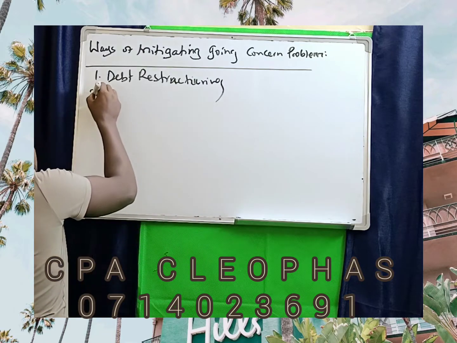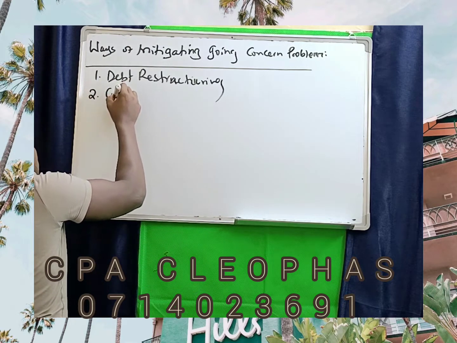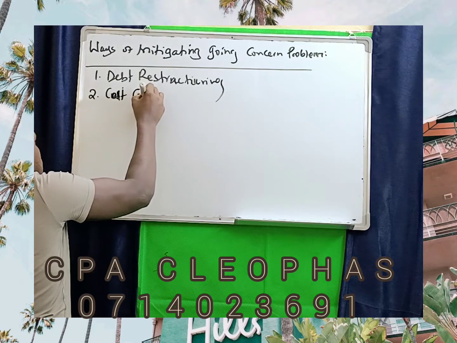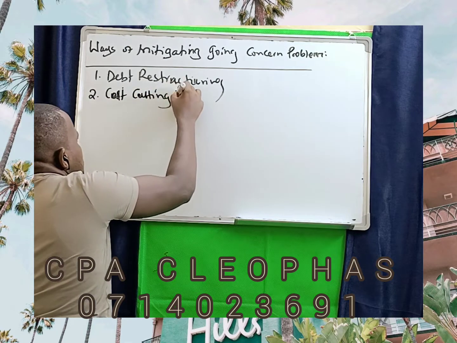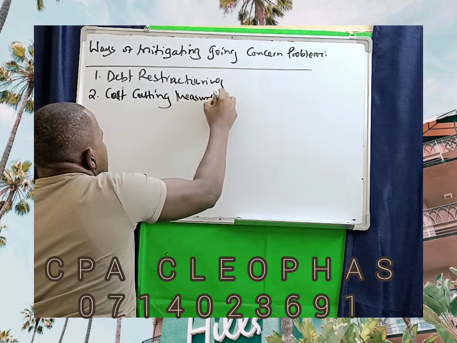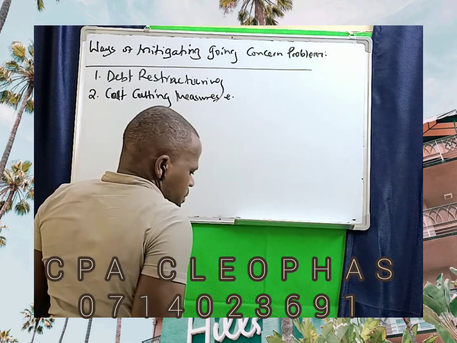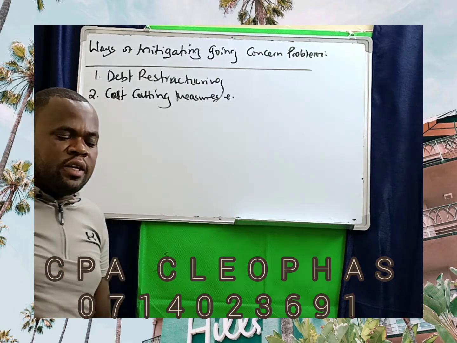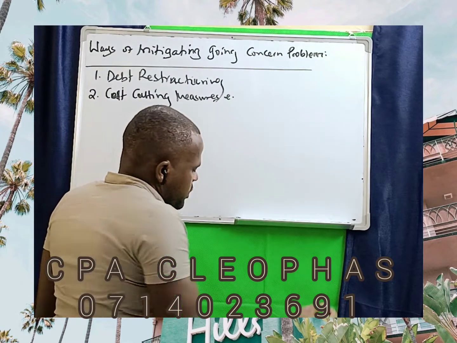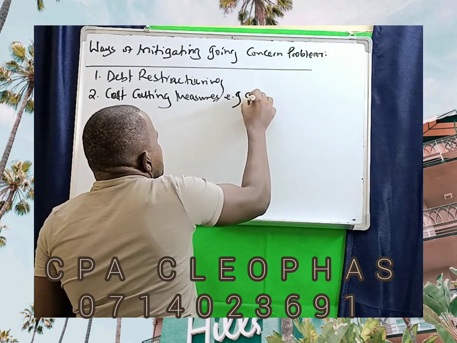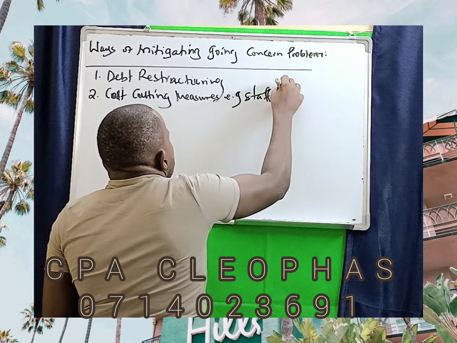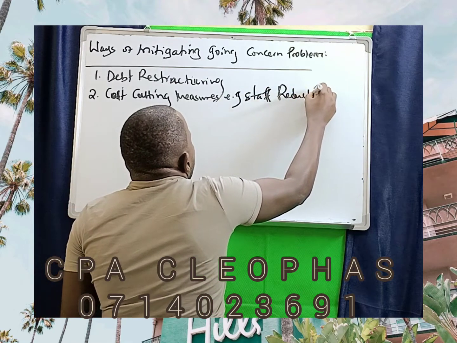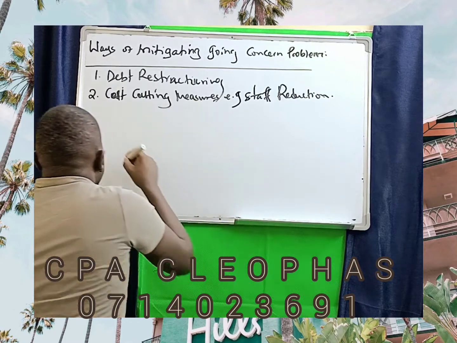Again, we have cost-cutting measures. These are measures like laying off some employees. That is one of the ways, e.g. staff reduction. Reduce the number of your staff because of the wage bill.